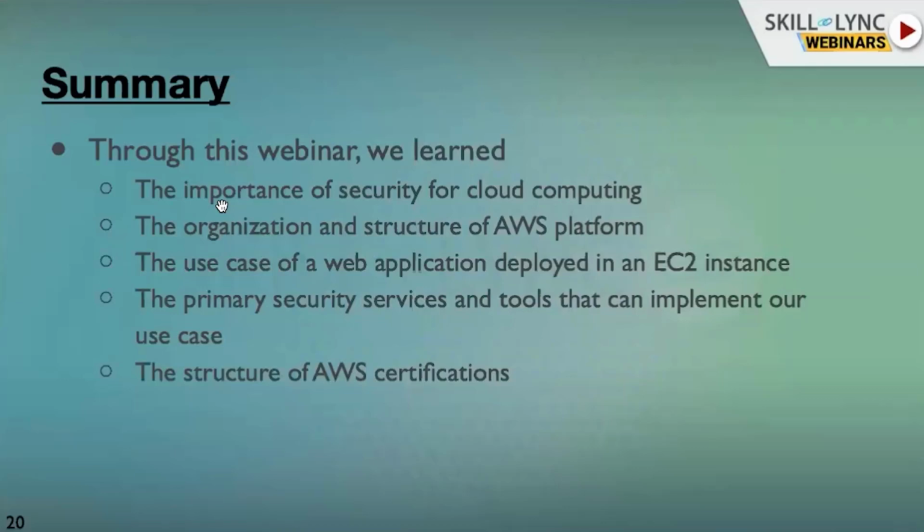We've gone through this use case to explain various services offered, services like Cognito, SSO, Inspector, etc. We explained ourselves with our requirements in our use case, and the structure of AWS certifications, like the four categories: the fundamental, intermediary, professional, and specialist.